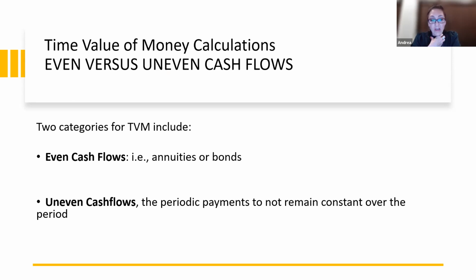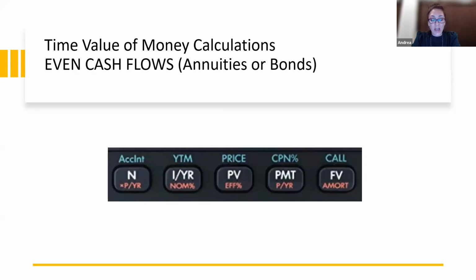An uneven cash flow, on the other hand, is when they are periodic payments, but they're not constant. When we are solving for even cash flows, annuities, or bonds, we are going to be utilizing that top row on your calculator: the N, the I/R, the present value, the payment, and the future value.